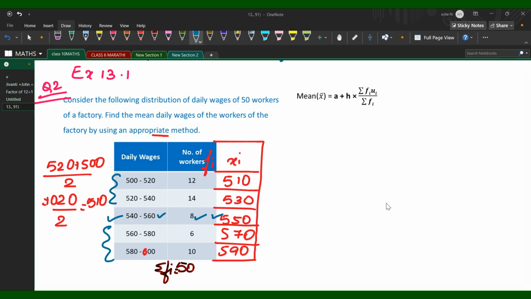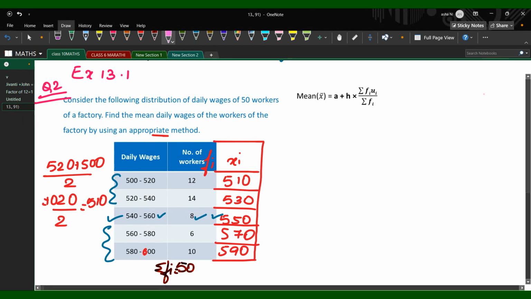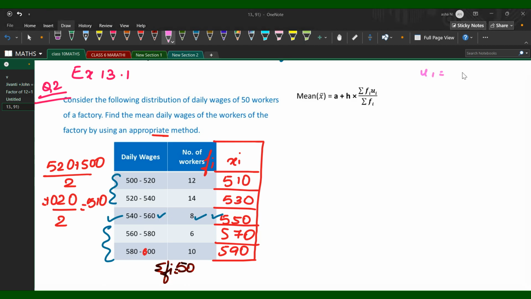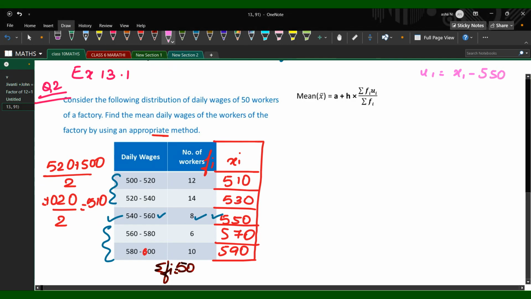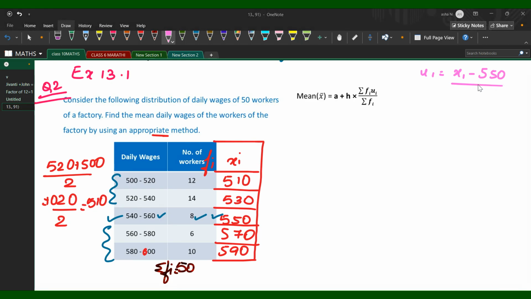If you look at it from the average point of view, what is mean? Basically mean is average. Now we have to find out ui. The formula for ui is xi minus the average which we found out, that is 550, the middle class, upon the class interval.